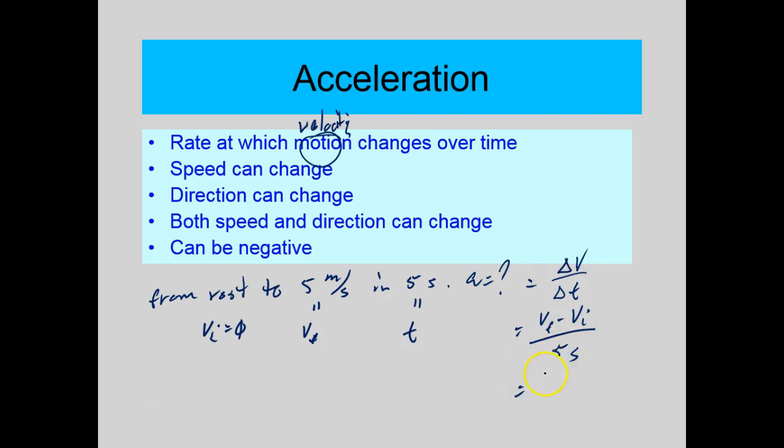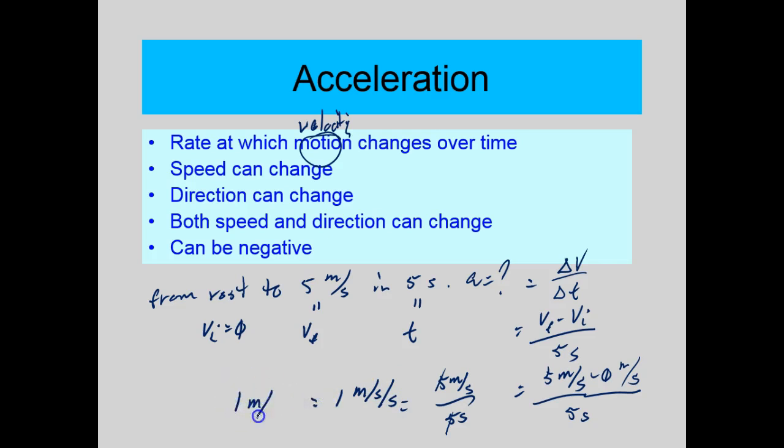So this will be 5 meters per second minus 0 meters per second, that's your initial velocity, over 5 seconds. And this would be 5 meters per second over 5 seconds. 5 divided by 5 is 1 meter per second per second. That's one way to measure an acceleration. A shorthand for that would be 1 meter per second squared, since both of your seconds are in the denominator.